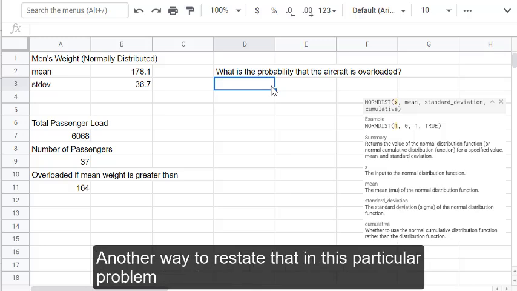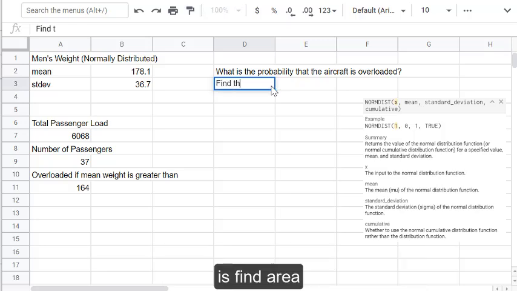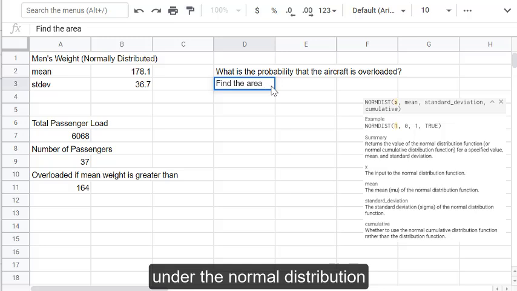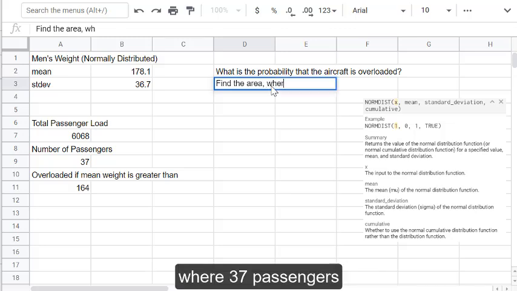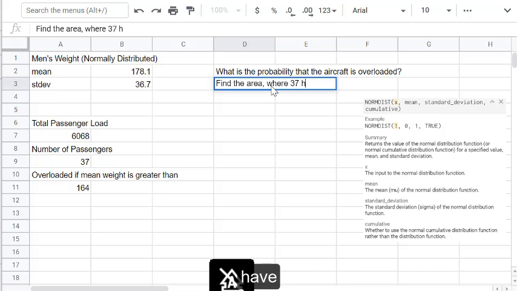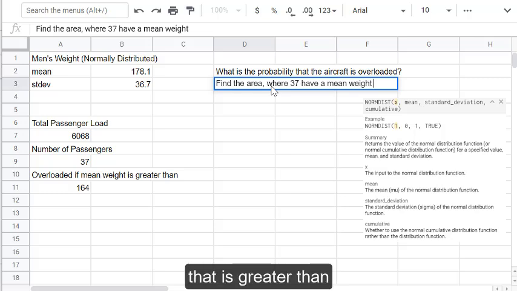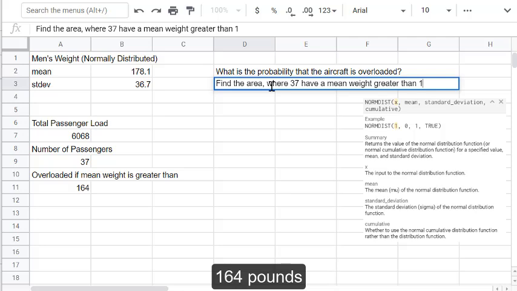Another way to restate that in this particular problem is find the area under the normal distribution where 37 passengers have a mean weight that is greater than 164 pounds.